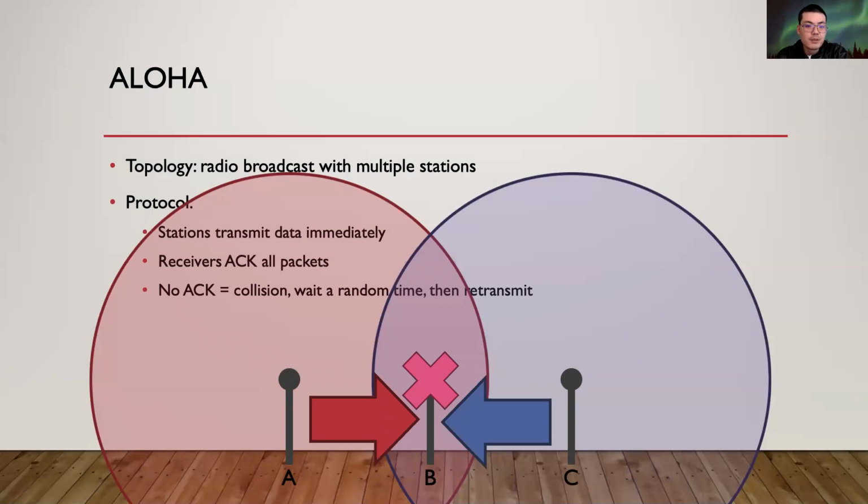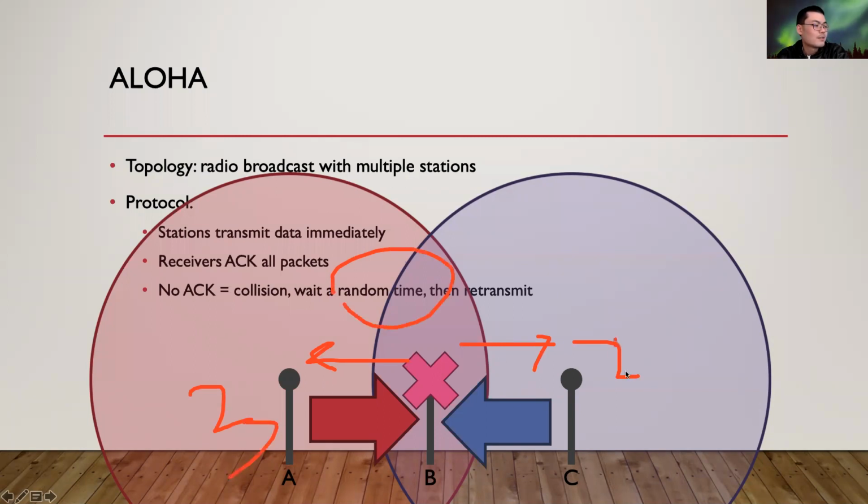If A and C, after timeout, didn't get any ACK, they will back off. And if after 2 seconds they talk again, they will collide again. That's not desirable, so we wait for a random time. Maybe I wait for 3 seconds, you wait for 5 seconds. Then maybe it will pass through. That's why we need randomness. Any questions about it?